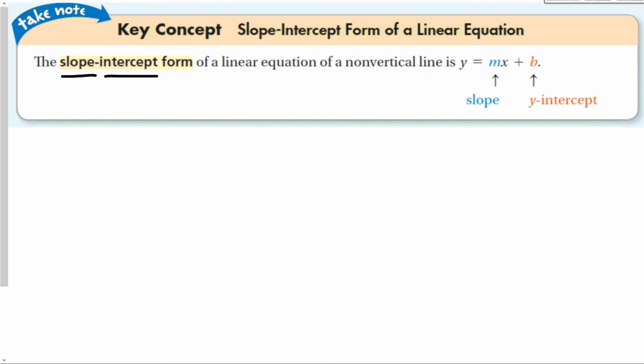So some people think it's because m is an unknown, but in French, the word to climb is monter. So it's kind of understood that m is slope, and slope means how steep a line is. So it could come from to climb. Anyway, no matter what we use for the variable, we're always going to use m for slope and b for our y-intercept.